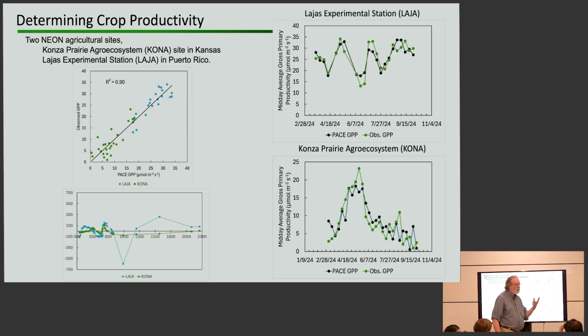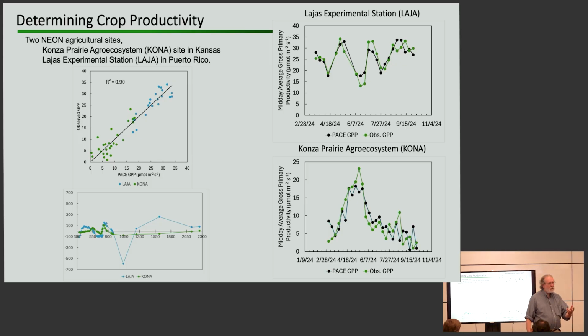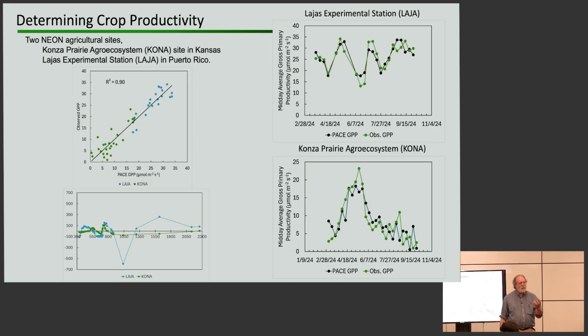What you really have to do is, the eddy covariance system measures net ecosystem exchange. So it's measuring the net CO2, and that breaks down into respiration and photosynthesis. There are several ways of doing this partitioning, but what I did is take nighttime data, when there is no photosynthesis, and develop a relationship between nighttime respiration and air temperature.